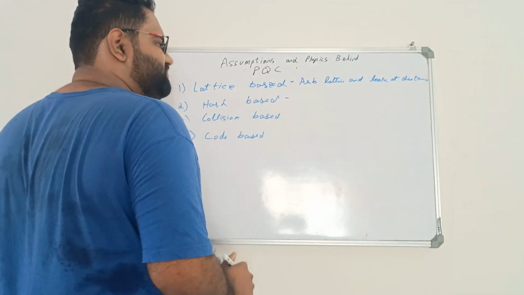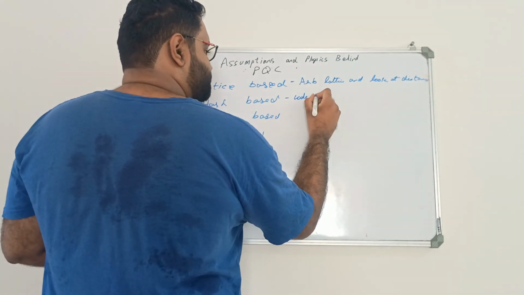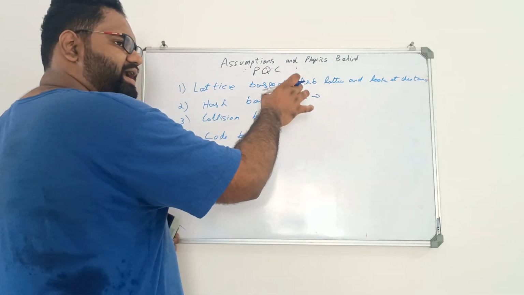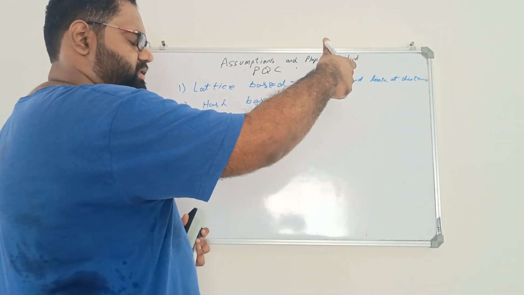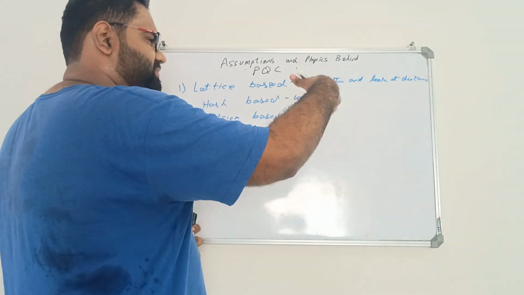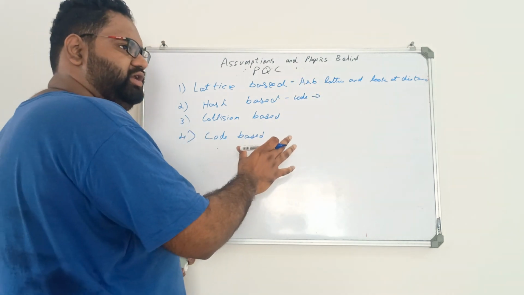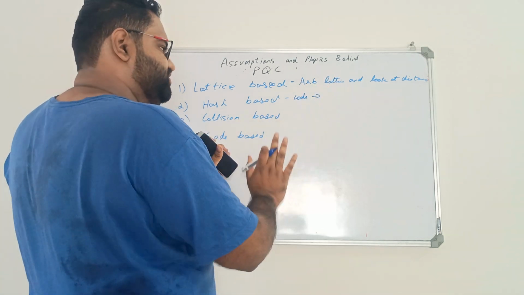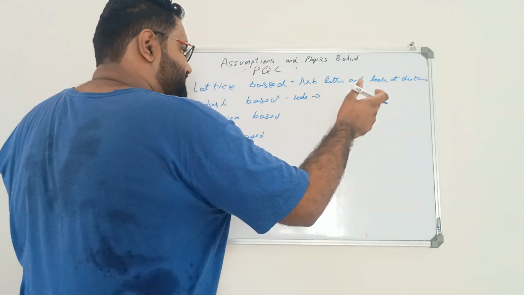So the second one is hash-based cryptography, where I take a code and then I put it through a hashing machine. So the hashing machine takes the code, and based on the code, it transforms into some other bits. So if I have a particular code, based on what the actual code is, it provides a one-to-one transformation to another code of some length.